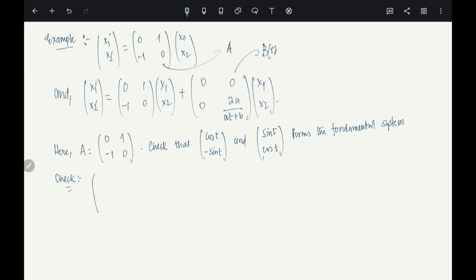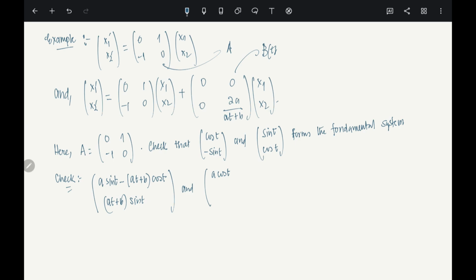this vector, (at+b) sine t minus a cosine t, and (at+b) cosine t plus a sine t, this vector and this vector, to be very frank with you, this is one of such systems which can be solved.